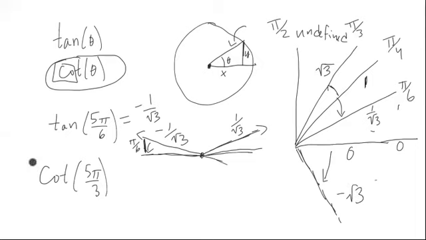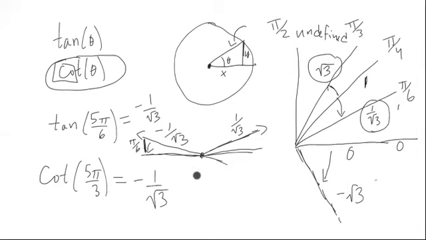However, the cotangent we're going to think about as being the reciprocal, because notice when we reflect, we're taking a reciprocal, y over x, those switch places. So we're taking reciprocals across this line. Even 0 and undefined are reciprocals, if you will. So we find the tangent and just take its reciprocal to get cotangent. So the cotangent of 5 pi thirds is negative 1 over root 3.